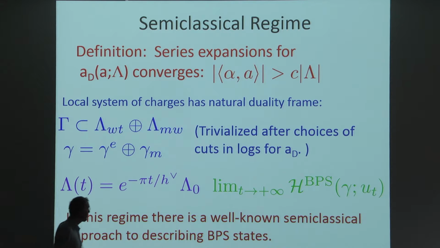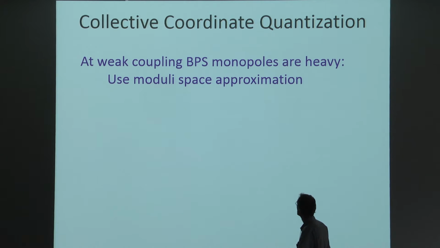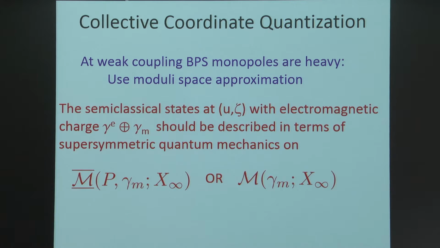Now, in this regime, there's a well-known description of how you write these BPS states. At weak coupling, the BPS monopoles are heavy, so we can use the moduli space approximation. And so the answer has to be something like this. The semiclassical states at U with phase zeta with electromagnetic charge gamma E plus gamma M should be described in terms of supersymmetric quantum mechanics on the framed or the smooth moduli space of monopoles, as the case may be for framed and ordinary BPS states.